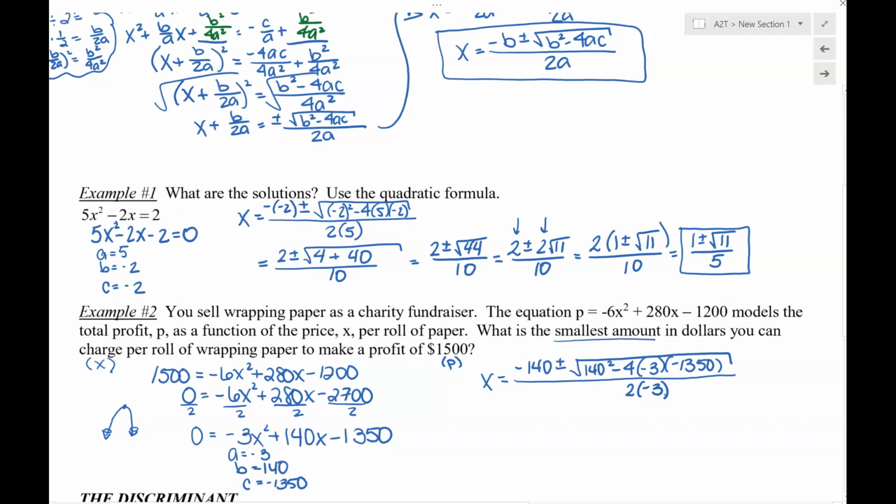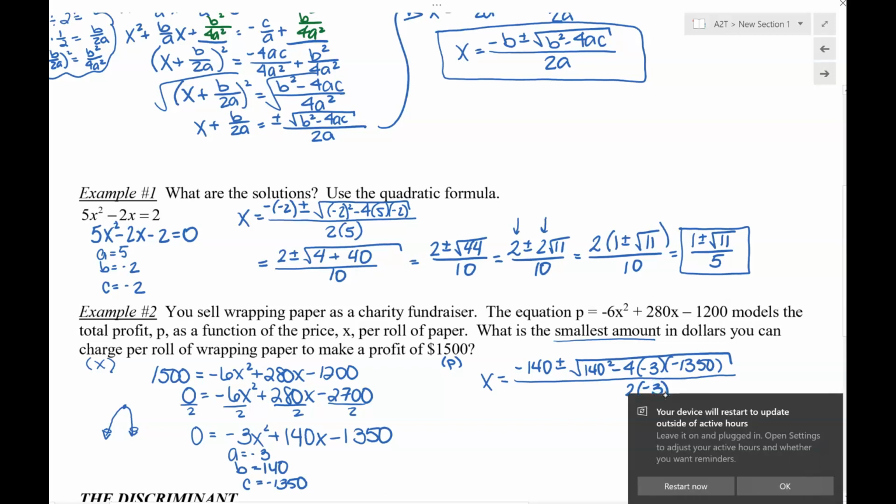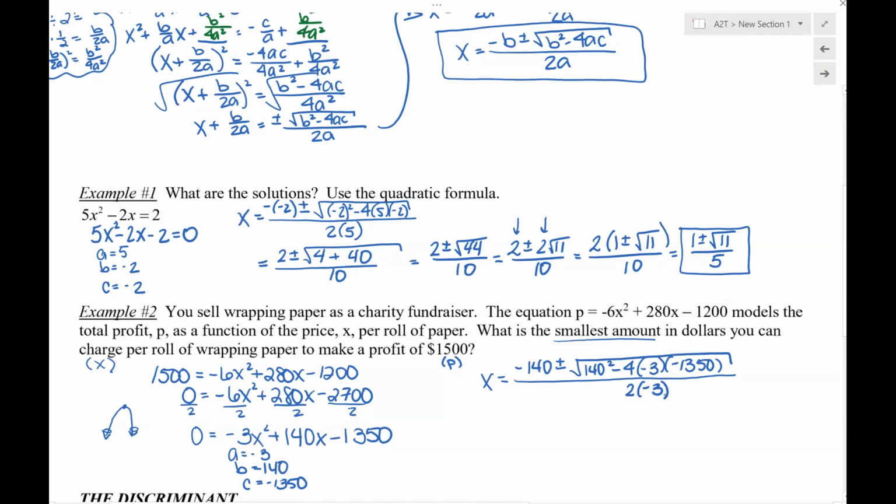You are absolutely more than welcome to not write out A, B, and C. But I will always do it just to make sure that I don't make a mistake.